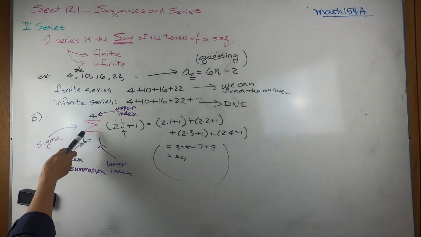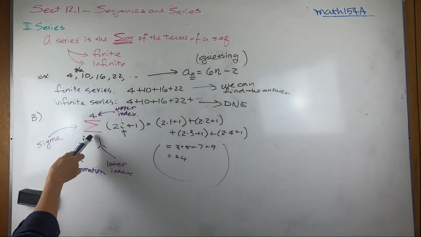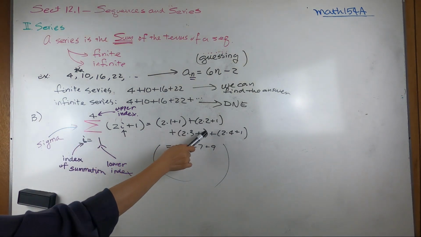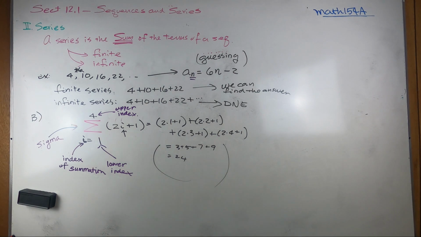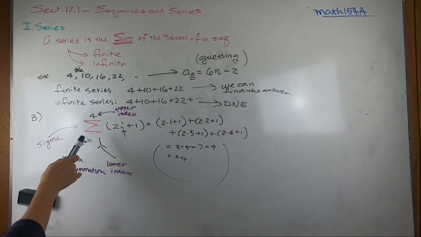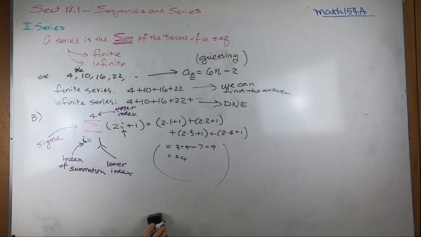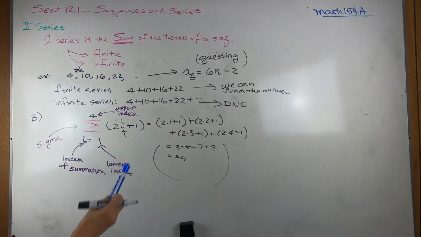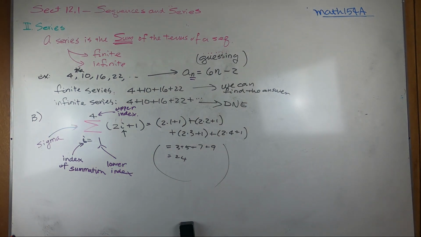But this summation sigma notation tells you how you are going to operate. It tells you it runs from the first term all the way to the fourth term, the upper bound. Okay?